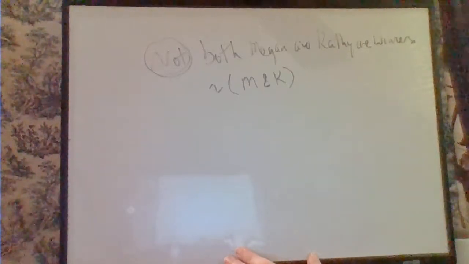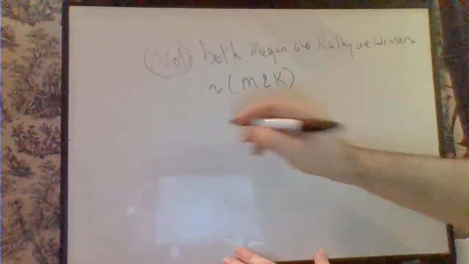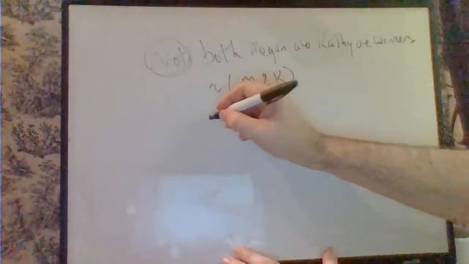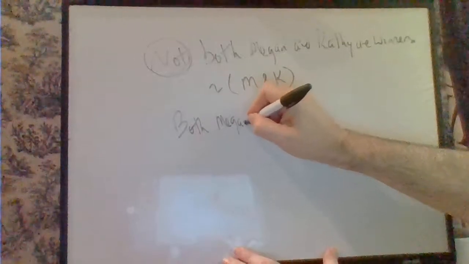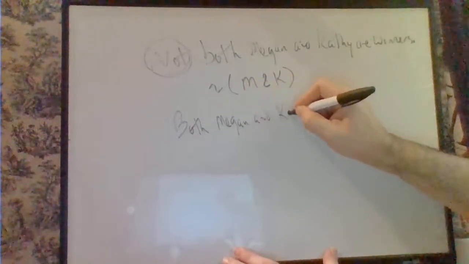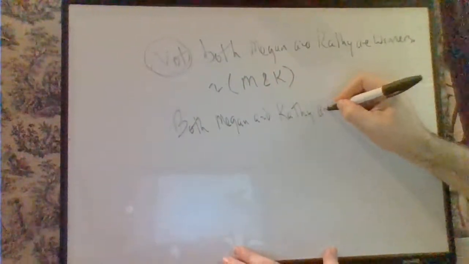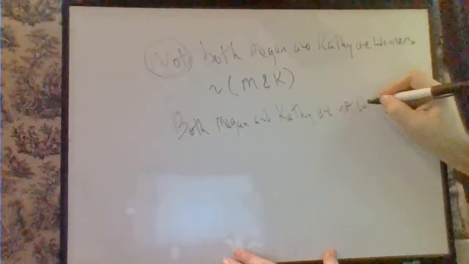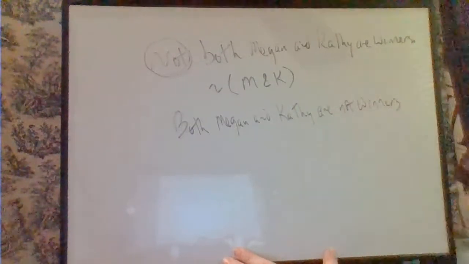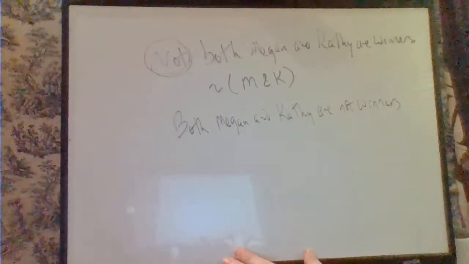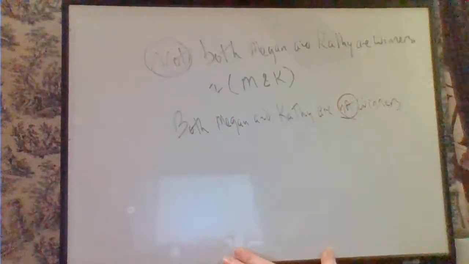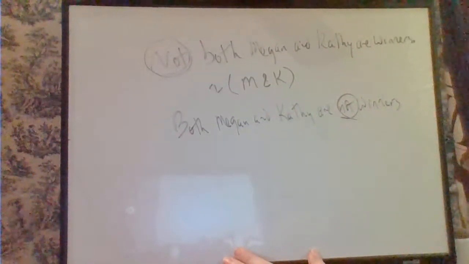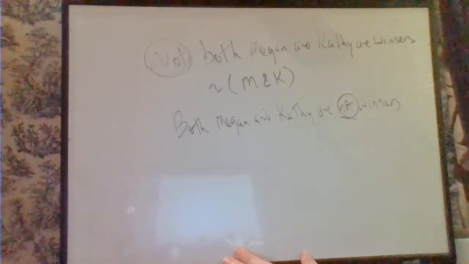the fourth one down on the list says both Megan and Kathy are not winners. Okay, so both Megan and Kathy are not winners. Well, now the negation comes after your subject terms, which means that you have to negate them individually.